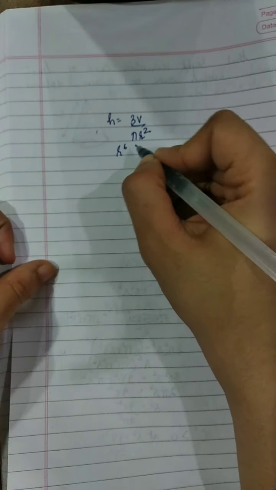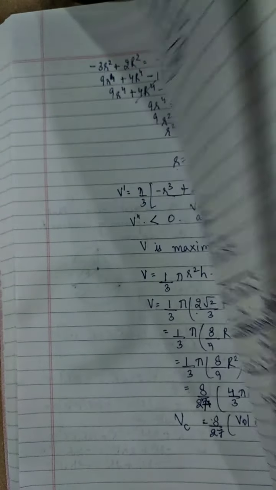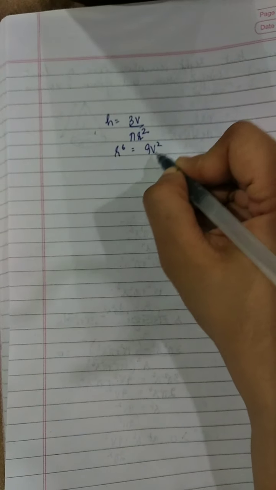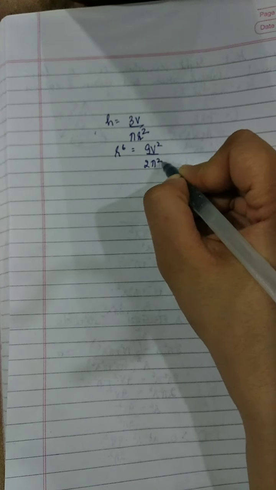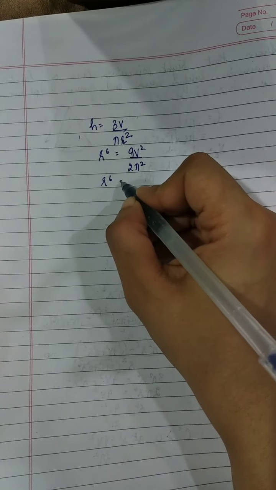And r to the power 6 is how much? R to the power 6 is 9v square upon 2 pi square, right? So r to the power 6, let it be as it is.